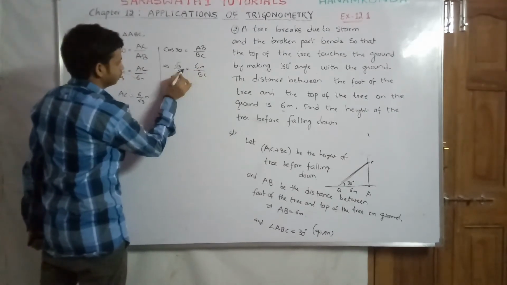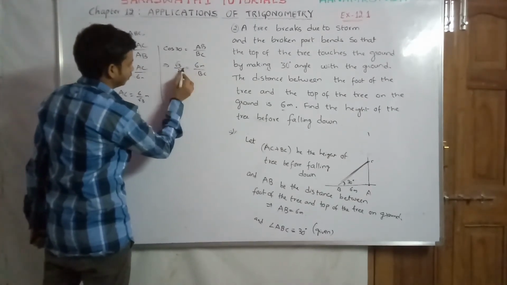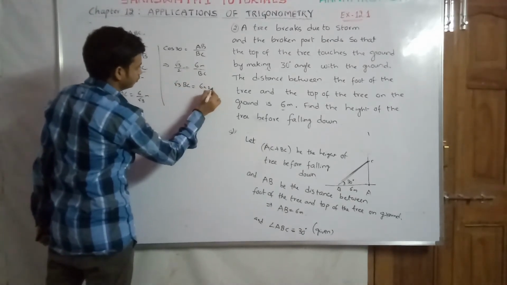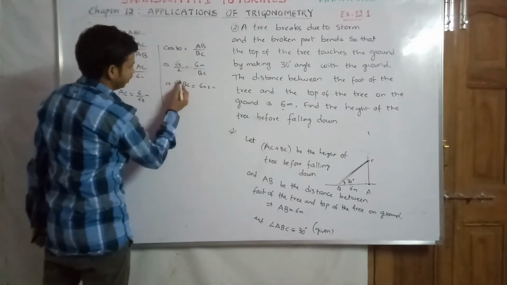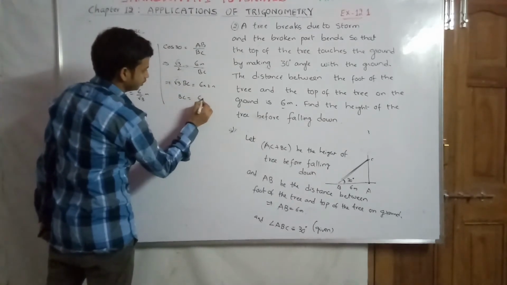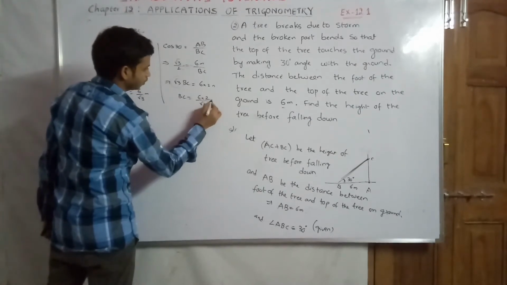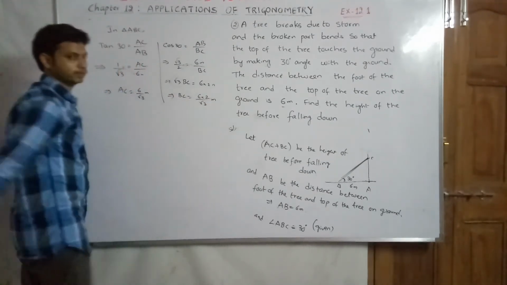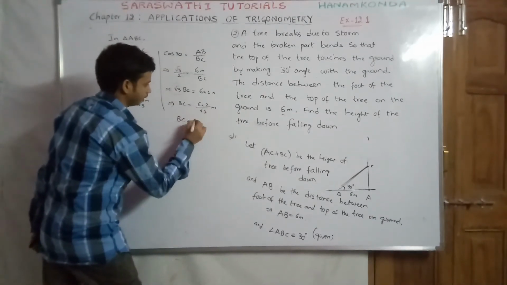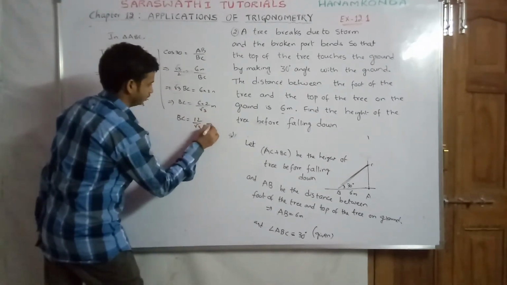So BC gets multiplied with root 3: root 3 into BC equals 6 into 2 meters, cross multiply. Root 3 gets divided to the right side term. That means BC equals 6 into 2 by root 3 meters. So BC equals 12 by root 3 meters.